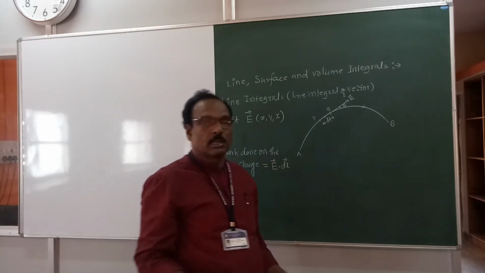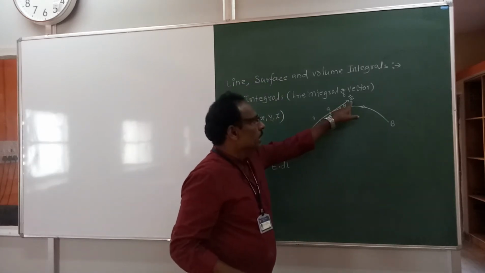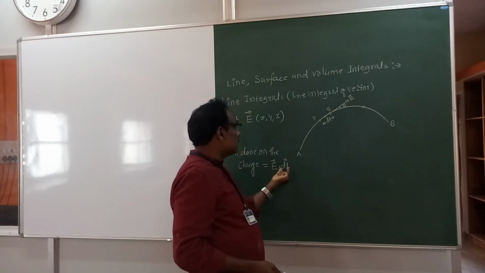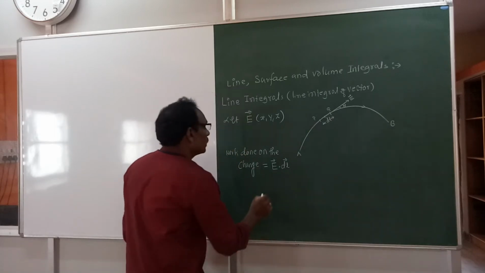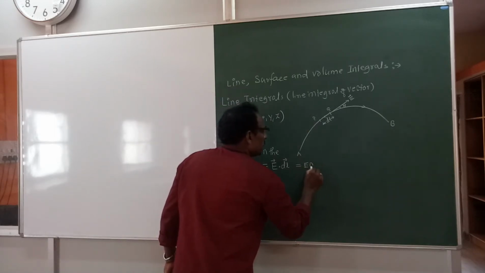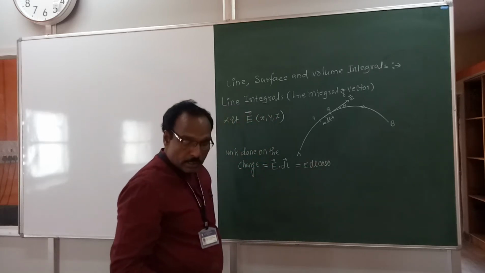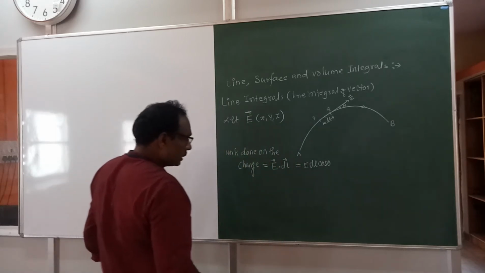Work is nothing but force into displacement. So E is the electric field vector, and dl is the displacement here. So this will be equal to E dl cos theta.